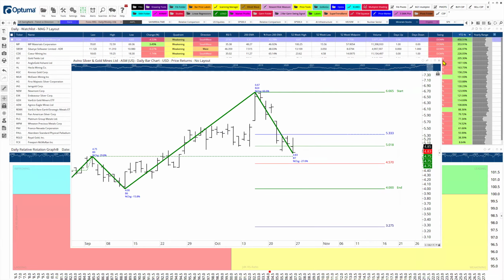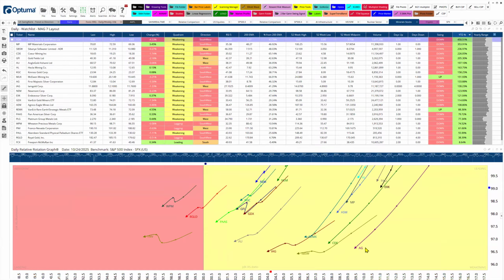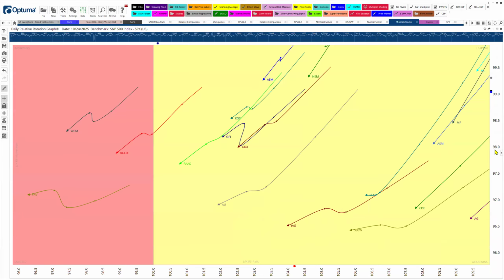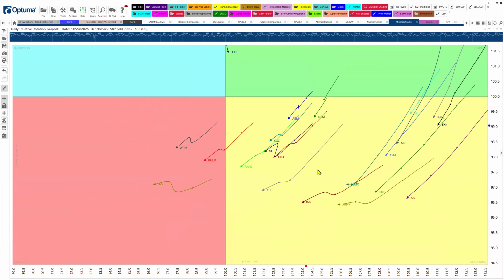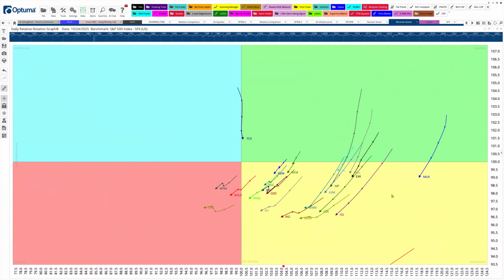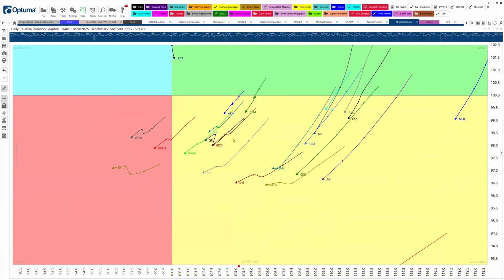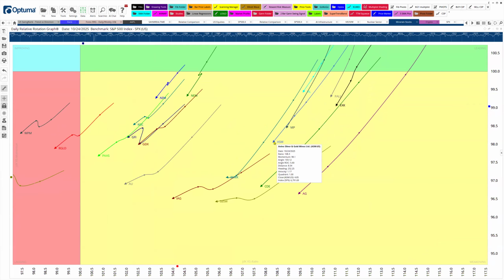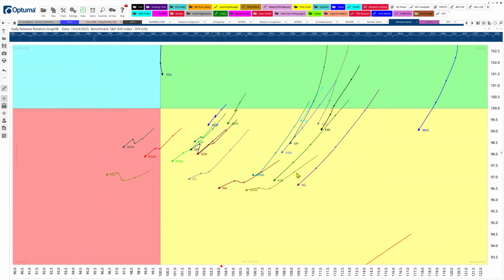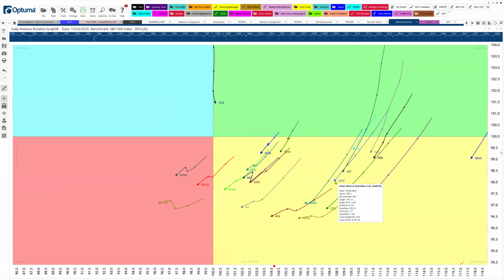Right. ESM, where the heck is this stock here? ESM, gotta be back there. Where is that? Right there. Silver and gold miners. Yeah, it's coming down.